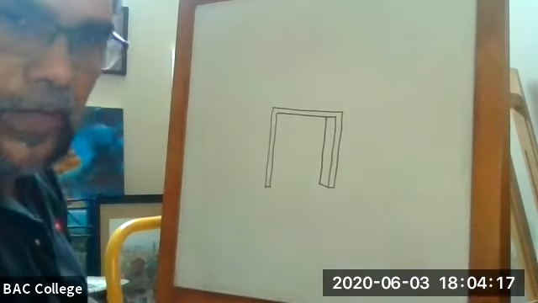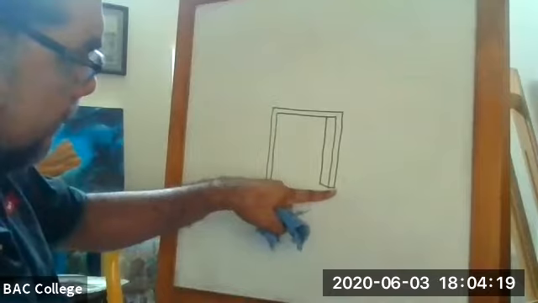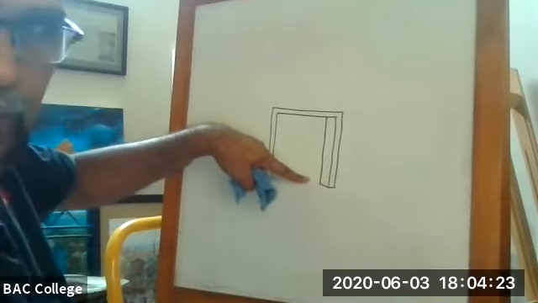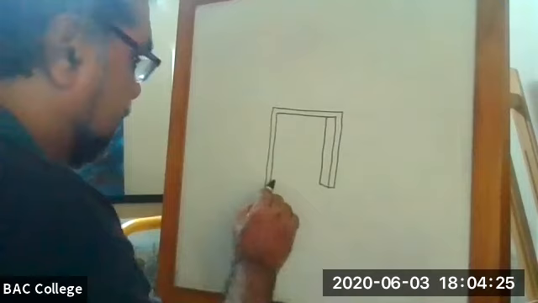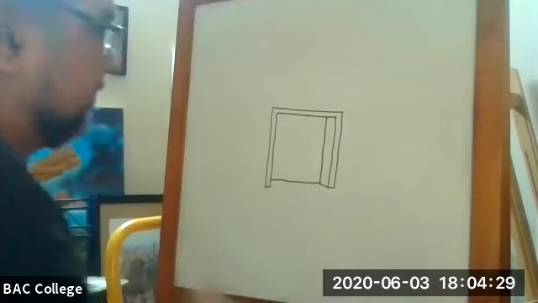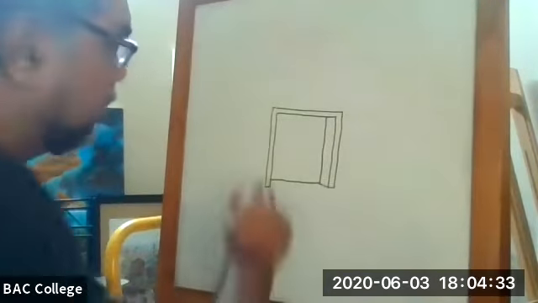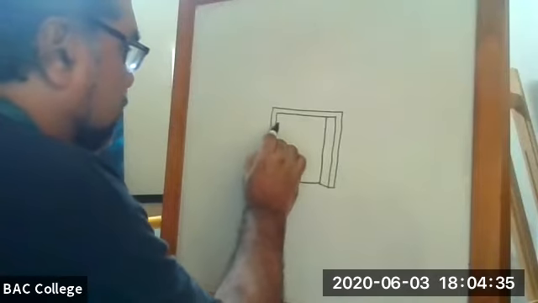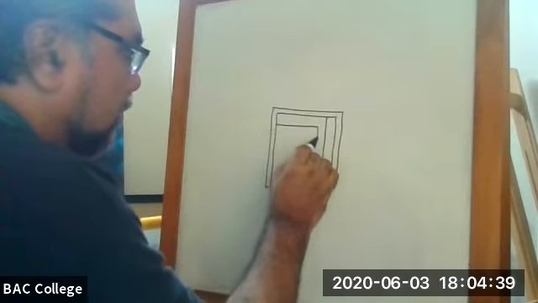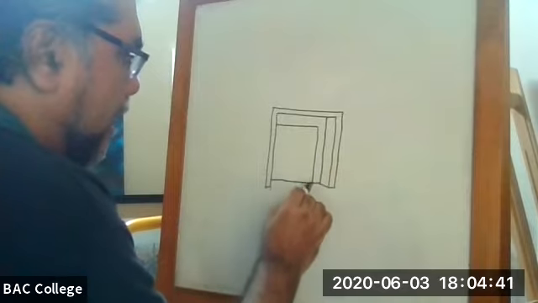Okay? So you can already see how this line is straight here and how this one is going inwards, going upwards, okay? And we finish off there, okay? So we'll just get the door first so you'll know exactly what we're trying to do.